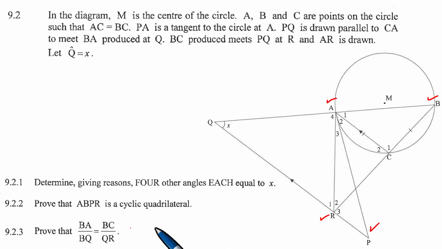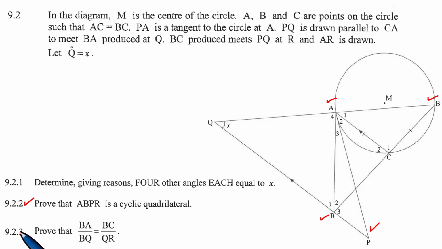Right, so now we need to prove that ABPR is a cyclic quad. So, okay, look at this. If this is to be a cyclic quad, what then do we need to prove here in 9.2.2? We're looking at 9.2.2 right now.